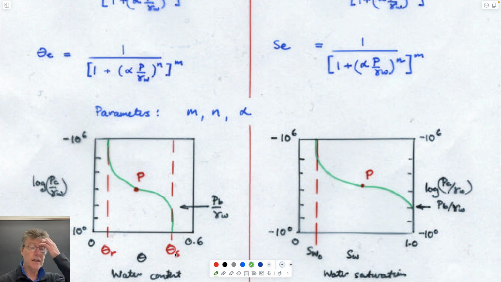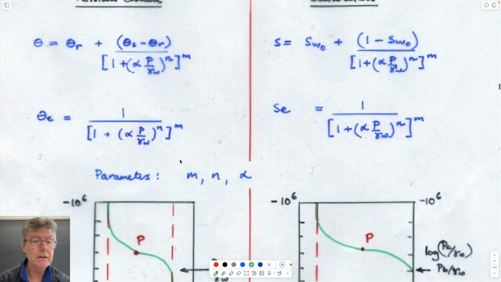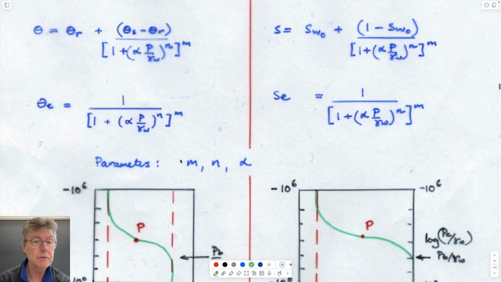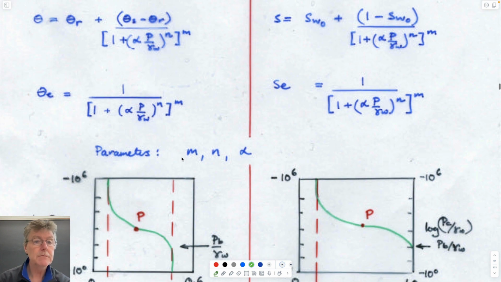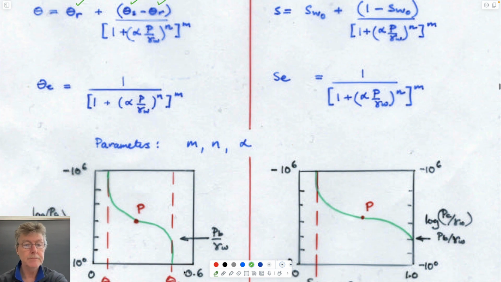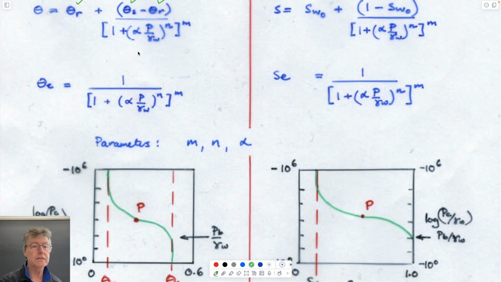This is how they map together. And based on these, we can define this capillary pressure curve as a function of these components. If it's in moisture content, this is the residual moisture content, this is residual also, and this is a saturated moisture content. So these are two physical ordinates.